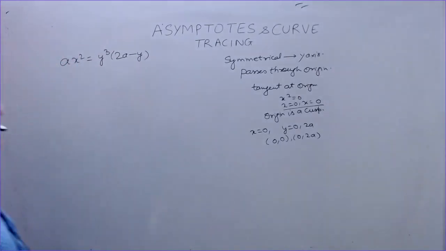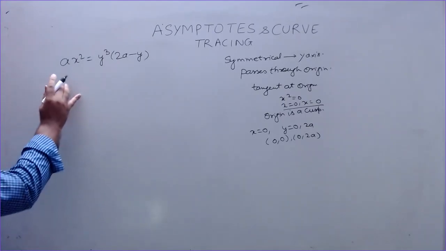Now we have to find the equation of the tangent at these points, at the origin and at 0, 2a. So at the origin we have found the equation, that is the y-axis. So shift the origin to 0, 2a to find the equation of the tangent.